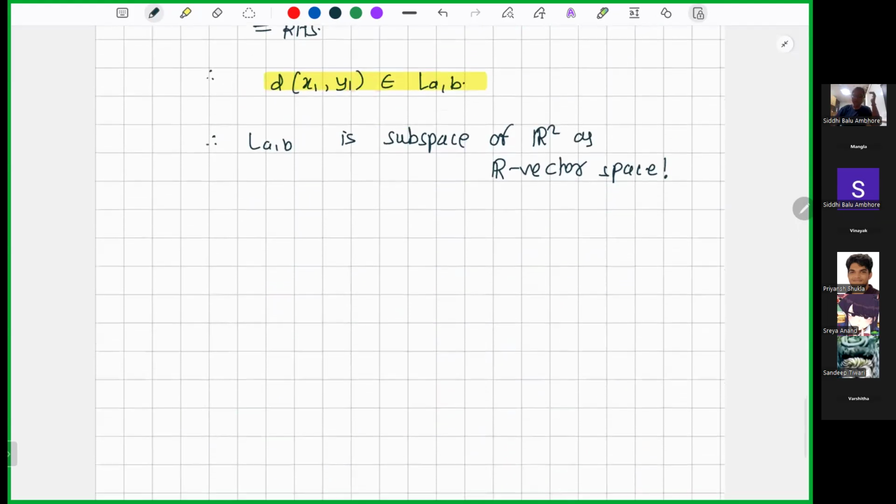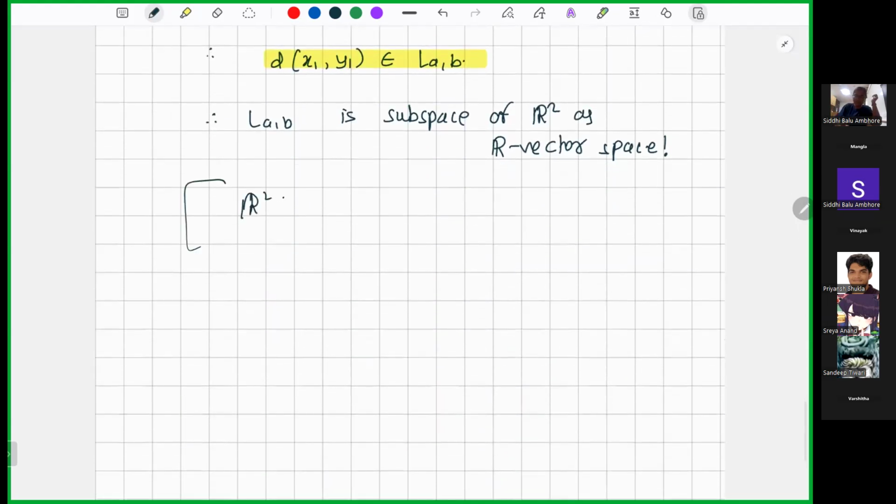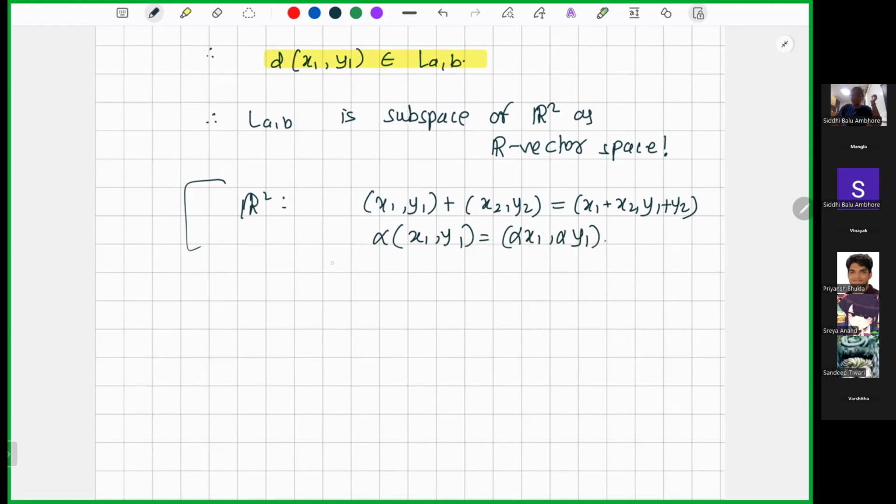So how do we add and subtract in R2? In R2 we add and subtract this way. This is the standard structure on R2. And scalar multiplication we define like this: alpha x1, alpha y1, where alpha belongs to R.